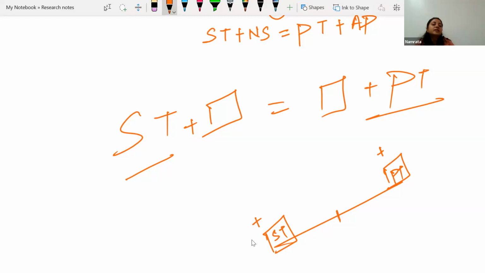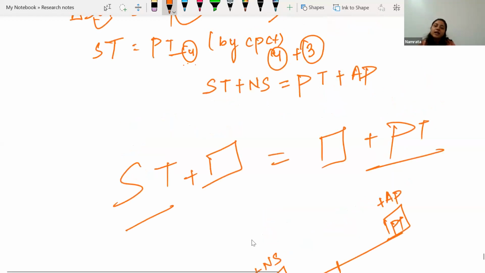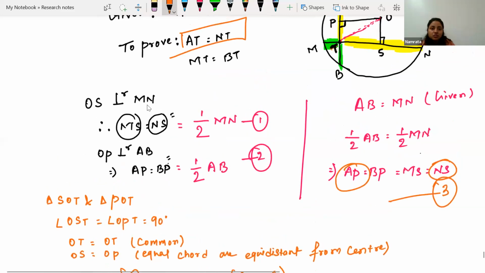That's what Euclid has said. So I am adding NS over here and AP over here. Why? Because NS and AP are both equal. You can check over here. NS and AP are both equal with each other. Can you see?